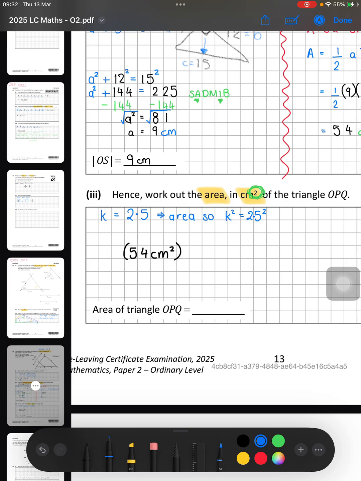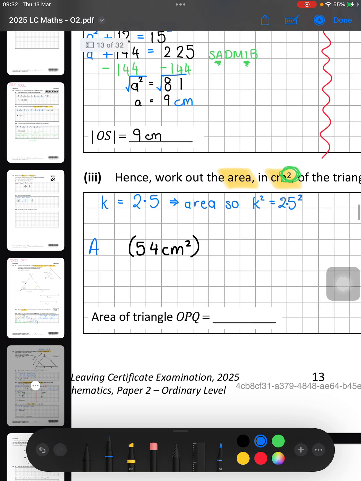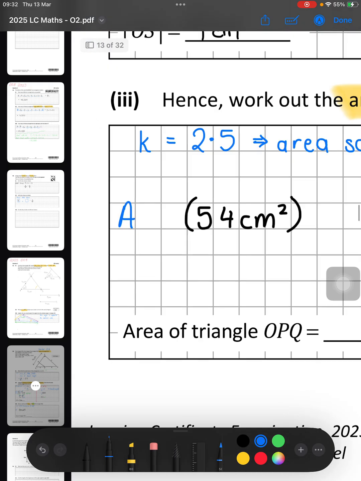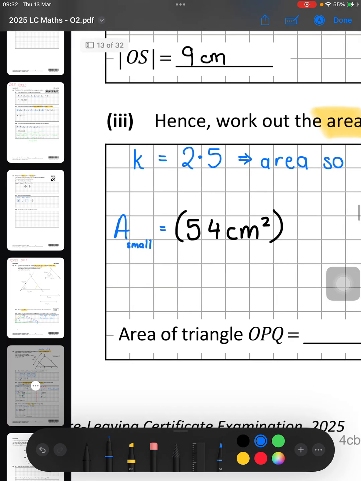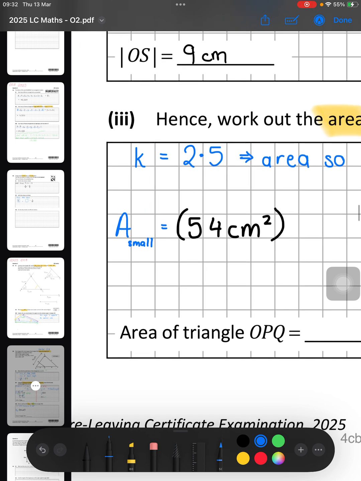So this is the area of the small triangle. Remember, my subscripts are just labels. So it's 54 centimetres squared because that's the area of the larger one. And then I have to divide that, not just by the scale factor.